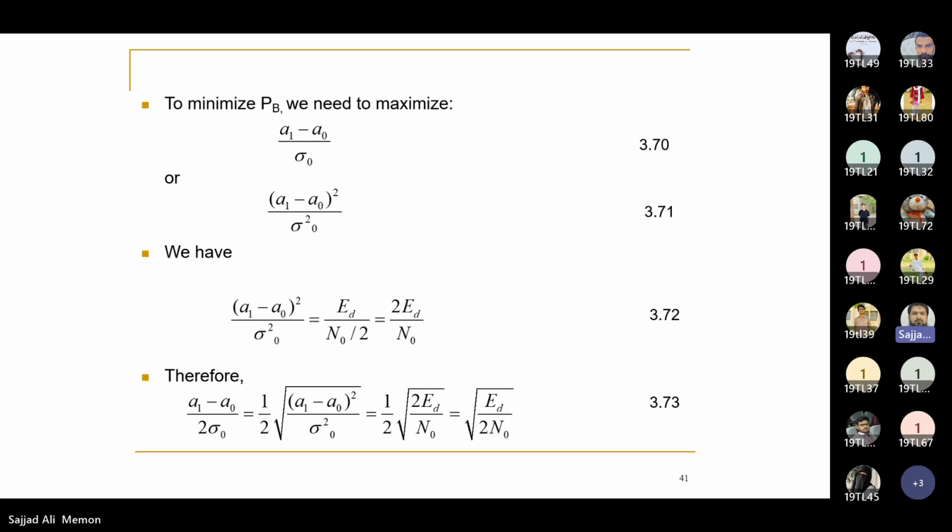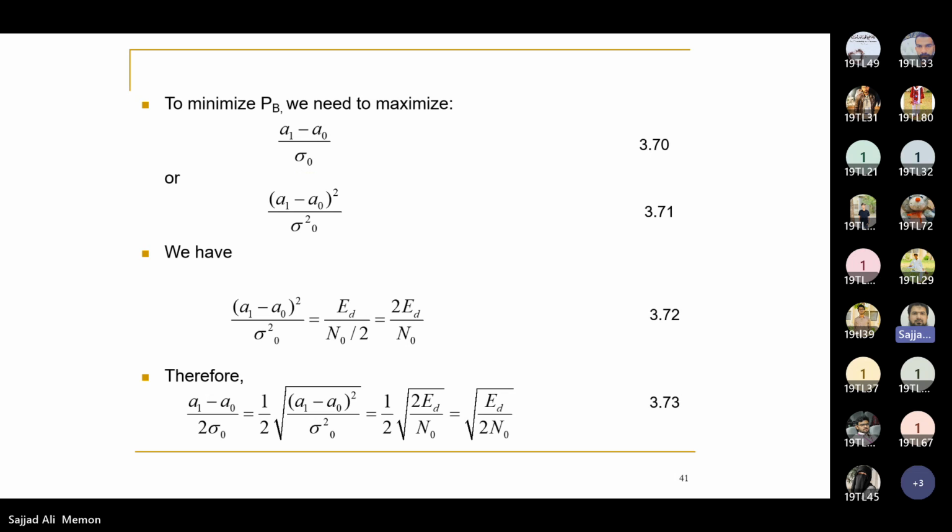If you put 1 over 2 and keep (A1 minus A naught) squared outside, that is 2 E_d by N naught. You can cancel this 2 by 2. The square root of 2 over square root of 2 cancels, and another remains in the denominator. So that will be equation 3.73, that is the square root of E_d by 2 N naught.